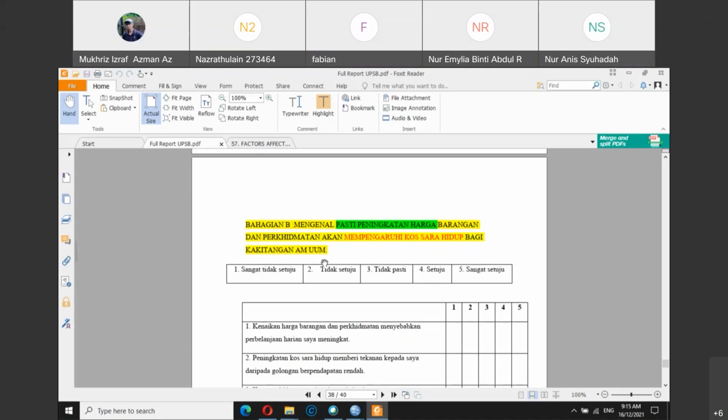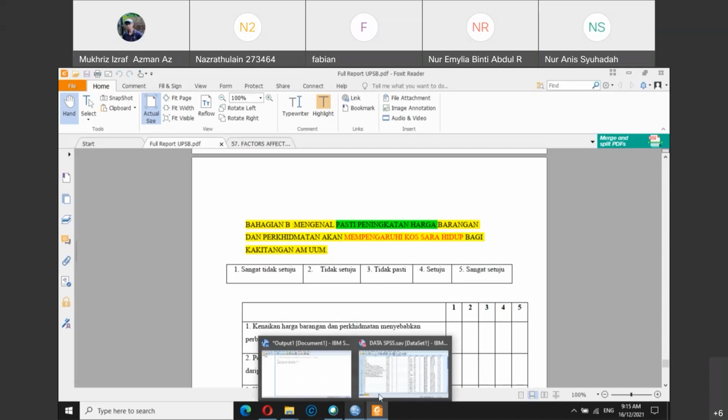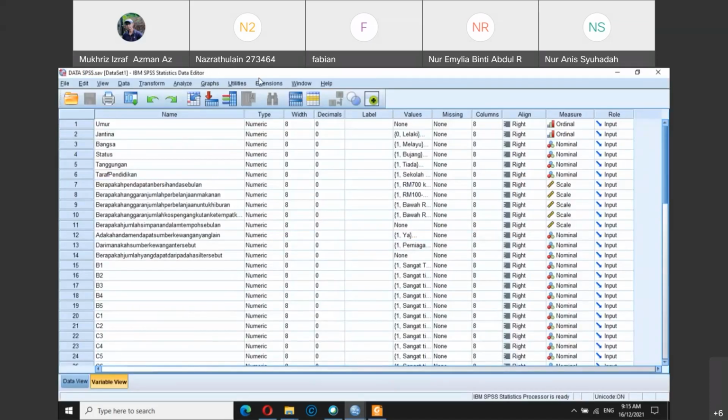The purpose of this project is also to see how you can apply the knowledge you learned in basic statistics to the analysis of your project, with the help of SPSS. Of course you can analyze this using Excel, but it's much easier and more systematic to answer these questions in your questionnaire using SPSS.